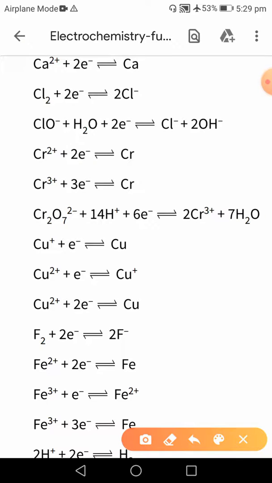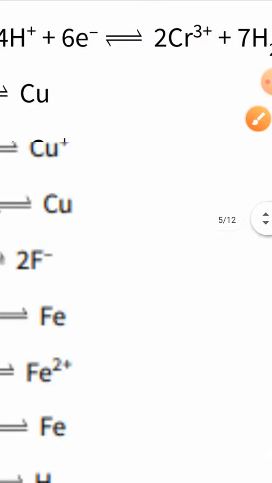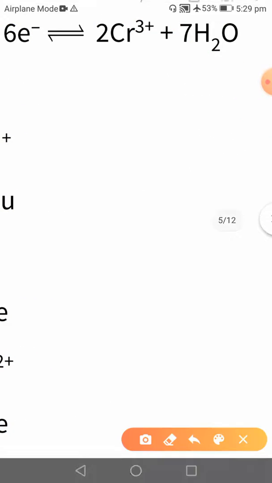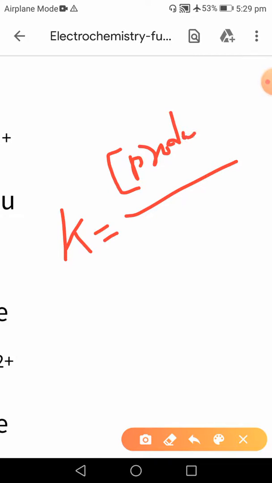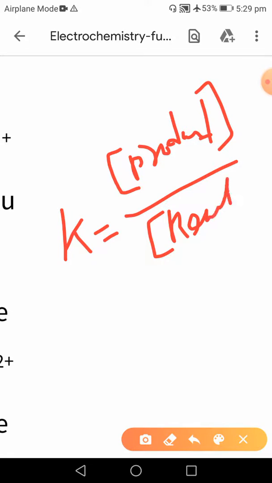Now talking about K. I think you remember how to write the equilibrium constant. At the numerator you have the concentration of product, and at the denominator you have the concentration of reactant.